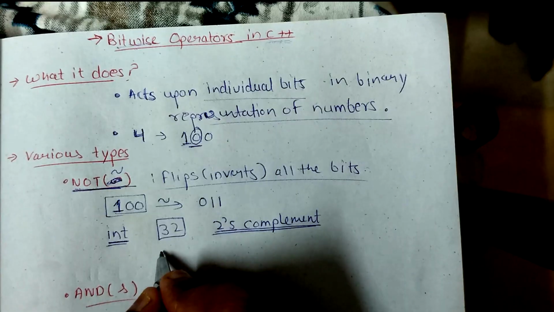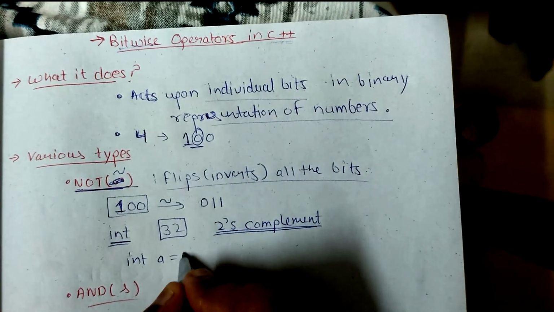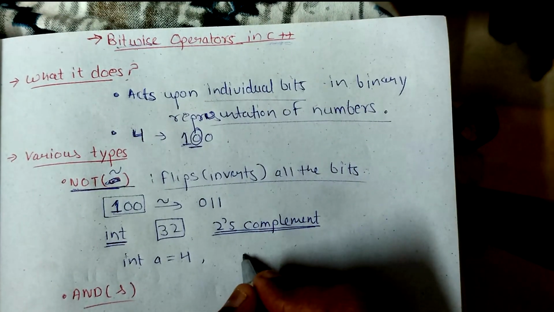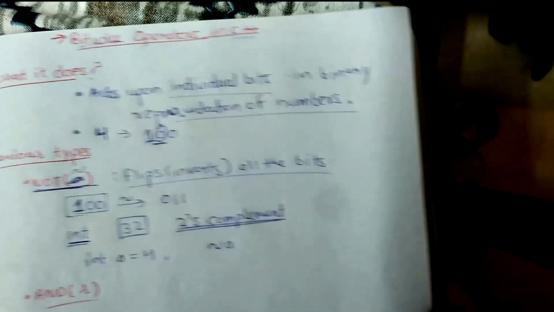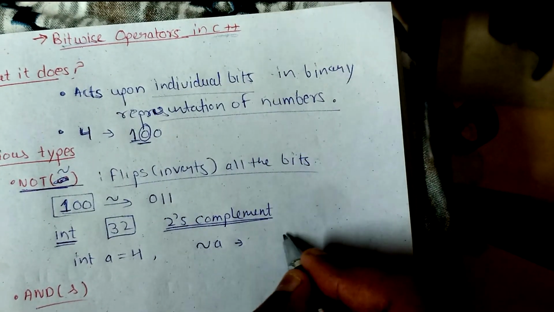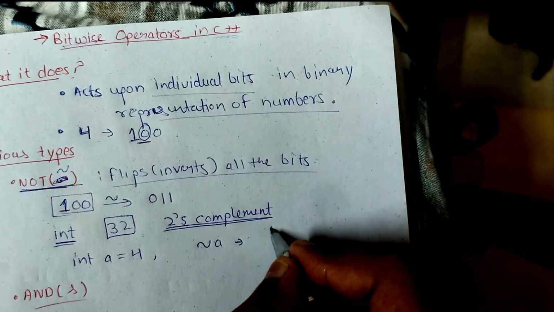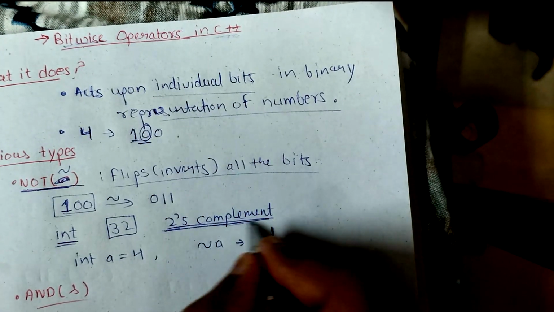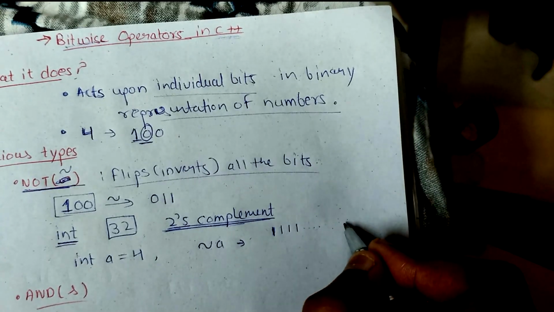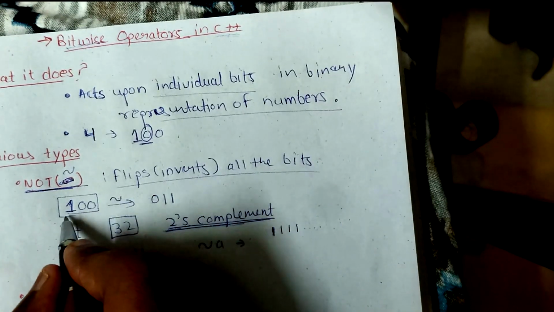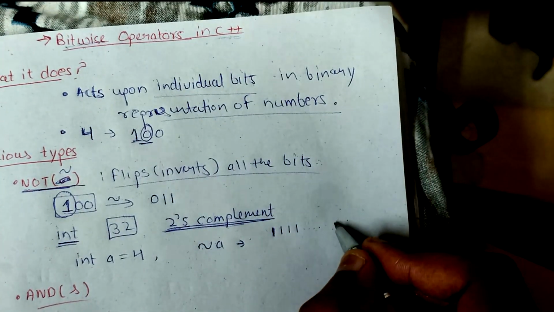So if you have an int a whose value is 4 and you print its NOT, then you will print the number whose 2's complement binary representation is like this. So they are going to be ones, and then this one is going to be flipped to a 0.